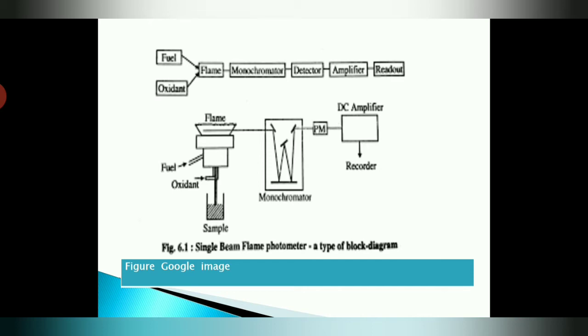This means the flow of the fuel gas and oxygen or air in the flame must be kept as uniform as possible to get a reproducible result. Finally, both the intensity and the steadiness received by the detector depend upon the flow rate of fuel and oxidant.